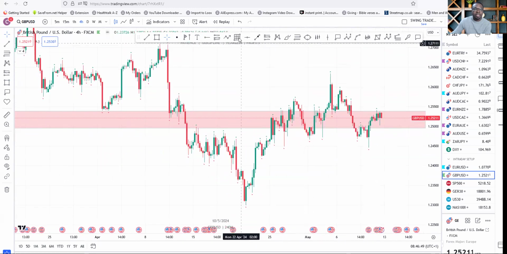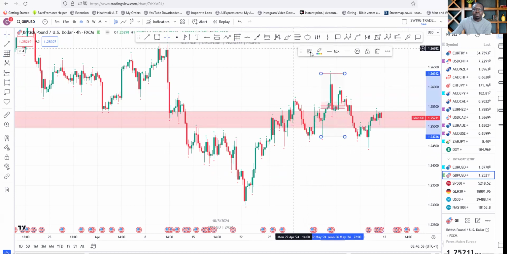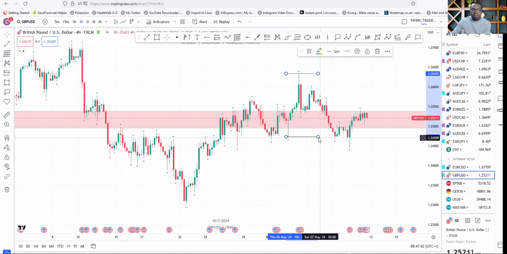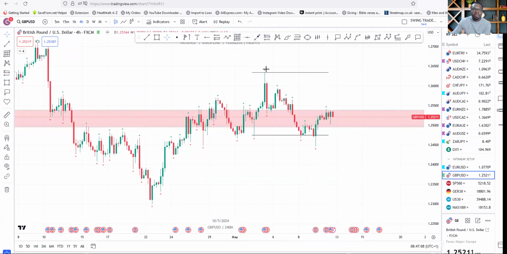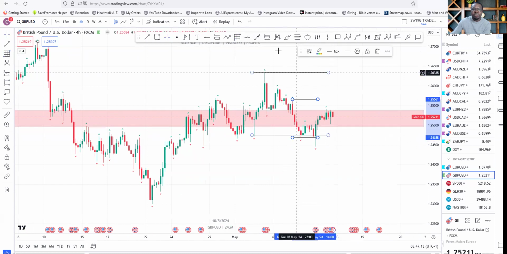So let's just highlight those areas. The recent push was done on this high, and then price eventually took out that low, and it did that using this push to the downside, which gave us that low, and then we have the same low broken.